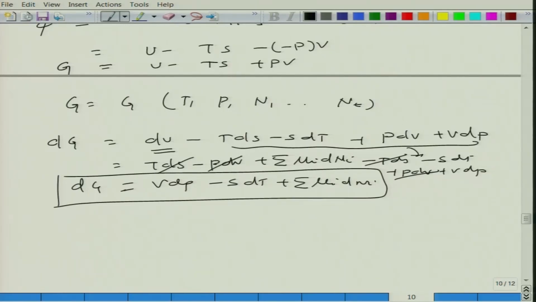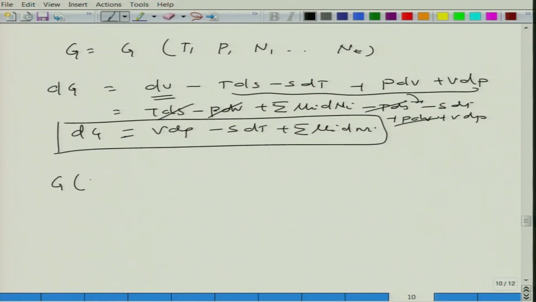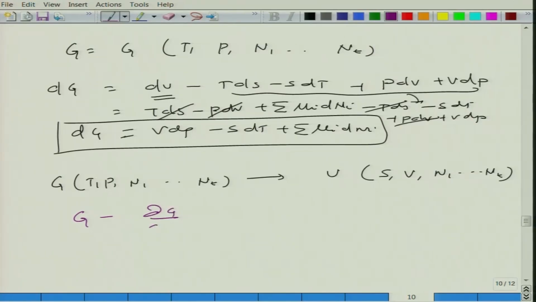You may also like to test whether we are going to get the original expression if you do the inverse. So, let us do that. We have to get back from G(T, P, n1 till n_t) to U(S, V, n1 till n_t). This is the transformation we would like to have, and check whether we are going to get back U or not if we change T and P to S and V. Here again you do a similar exercise, G minus the variable which you would like to replace.